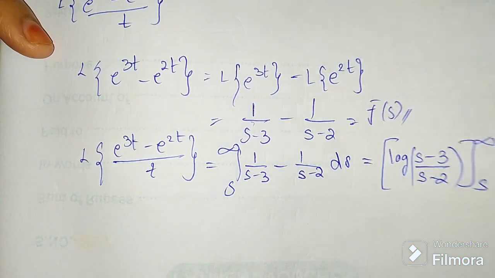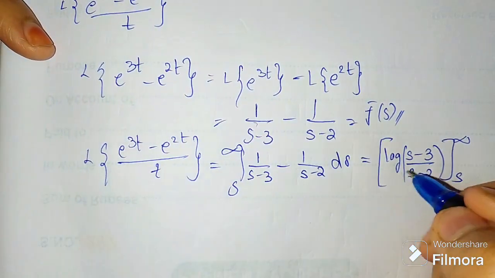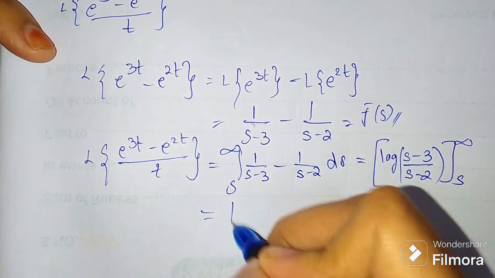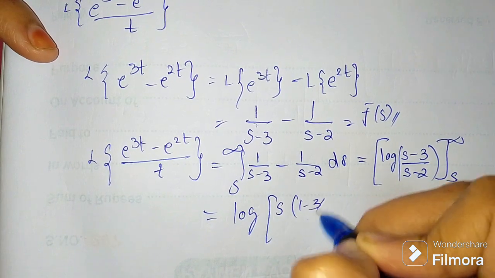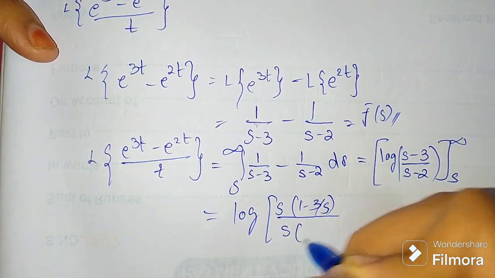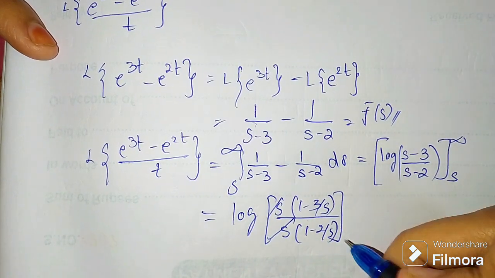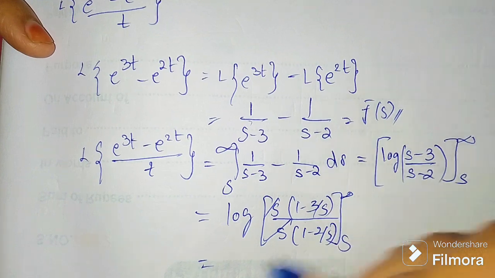So again, if I apply infinity, I'll get log infinity, which I don't want because log infinity is undefined. So we'll take s common and cancel. So I'll get here, if I take s common, 1 minus 3 by s, 1 minus 2 by s. So now apply infinity.